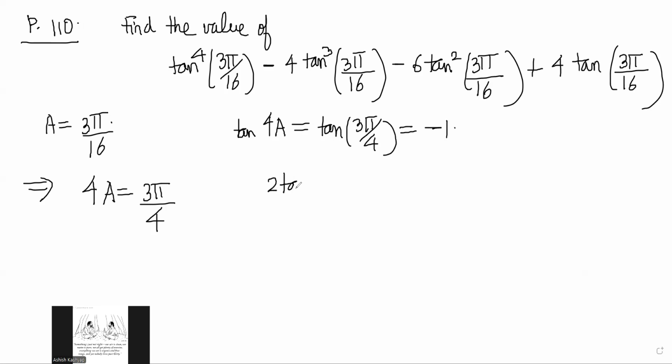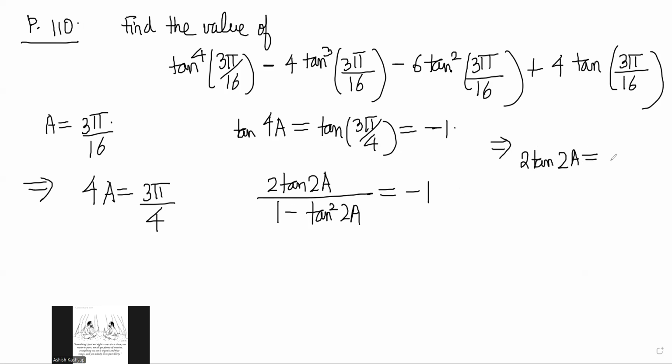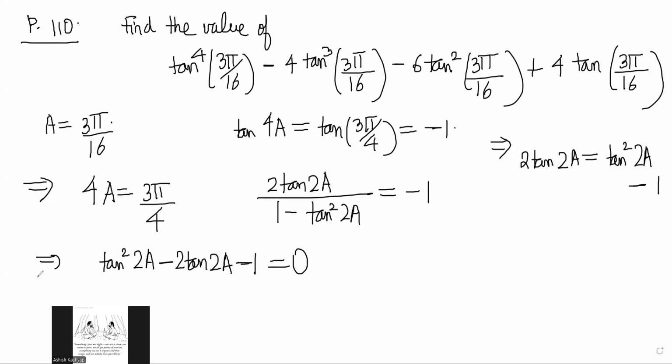So this can be written as 2 tan 2A by 1 minus tan square 2A is equal to minus 1 using trigonometric formulas. And from here we are getting 2 tan 2A is equal to tan square 2A minus 1. So our equation has become tan square 2A minus 2 tan 2A minus 1 equals 0, right?